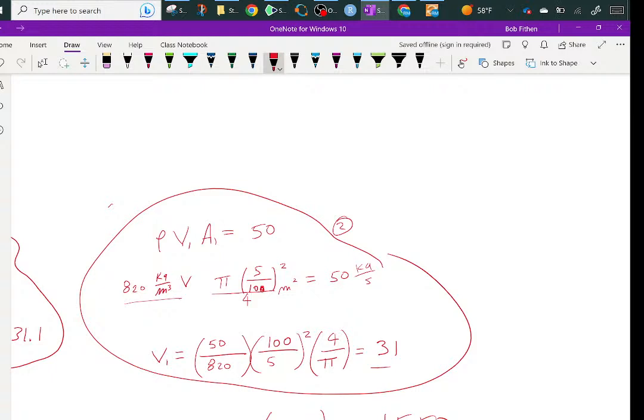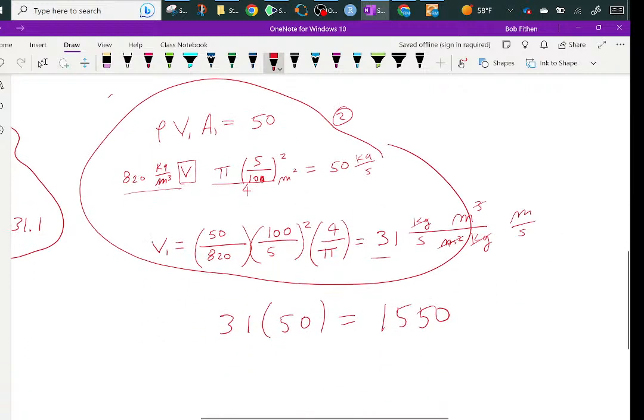There's my velocity. So if I pull this off, kilogram over second, the meter squared slipping underneath, the meter to the third slipping on top, and then the kilogram slipping under the bottom. That would be bang, bang, bang, bang. It's meters per second. We're good.